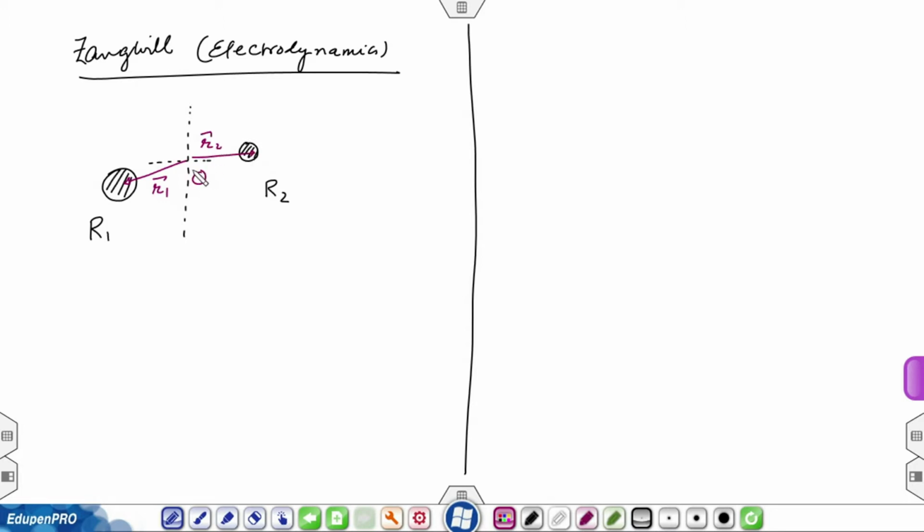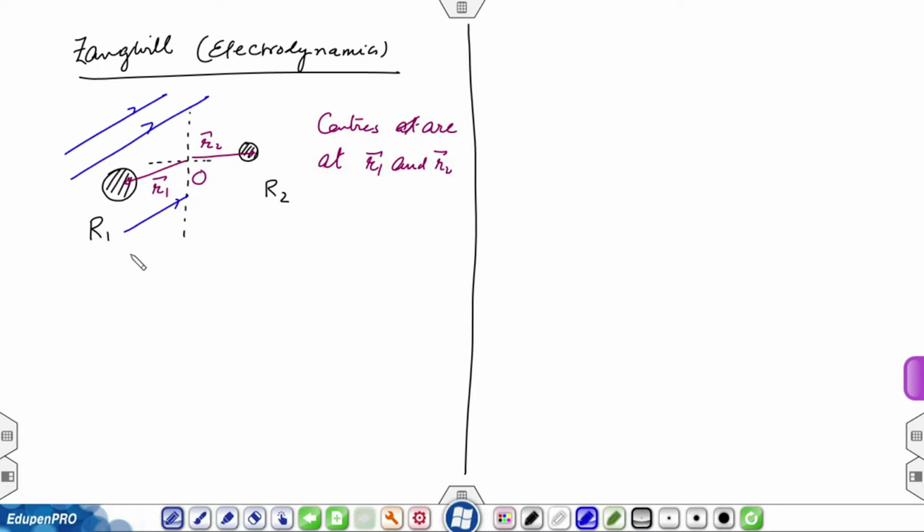That means, the centers of these are at r1 and r2, and so they are put in a uniform electric field E.